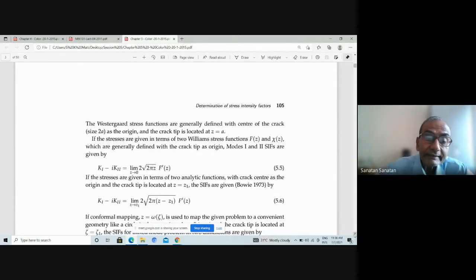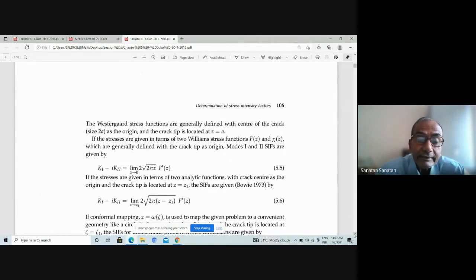Now, if the stresses are given in terms of two stress functions, let's say in terms of the Williams stress function, that means an eigenvalue expansion for the stresses, then you will have two stress functions, F(z) and chi(z). Yesterday we were discussing it.